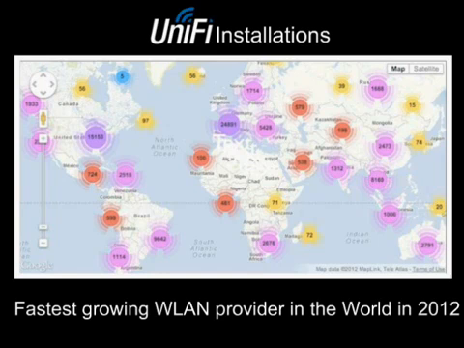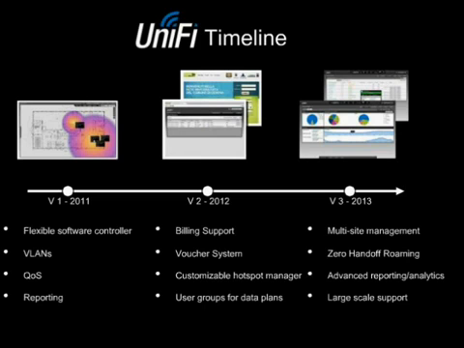And they just published their market share statistics for the first calendar quarter of 2013. And we've retained our status as the fastest growing provider, and in fact have gained and are now the 4th largest supplier in the market by unit share. So we've had very, very rapid growth over the last couple of years, and this solution has really only been in the market for just about 2 years.